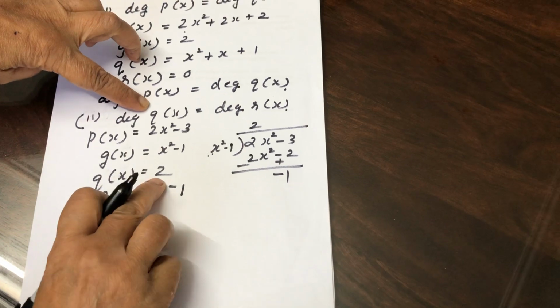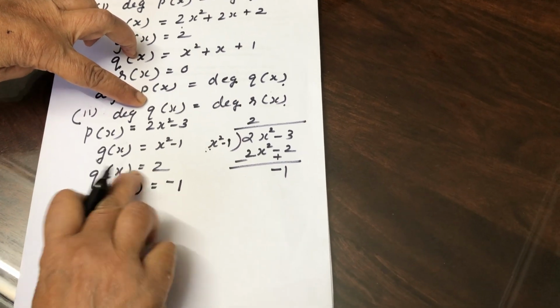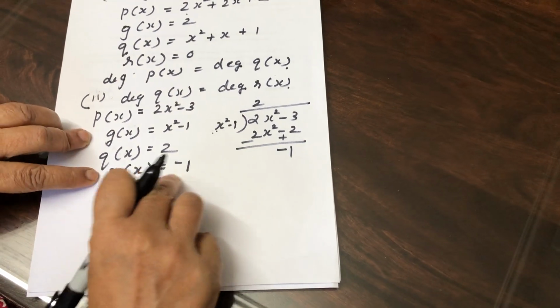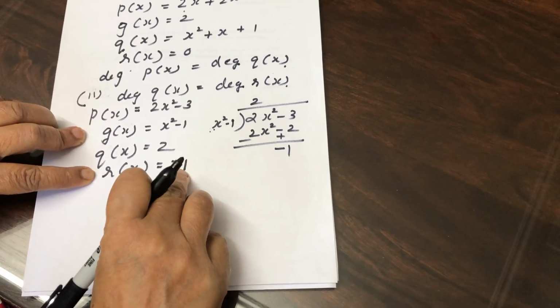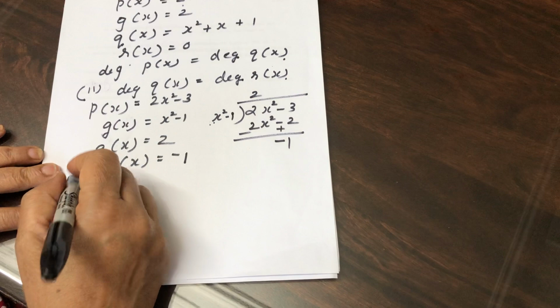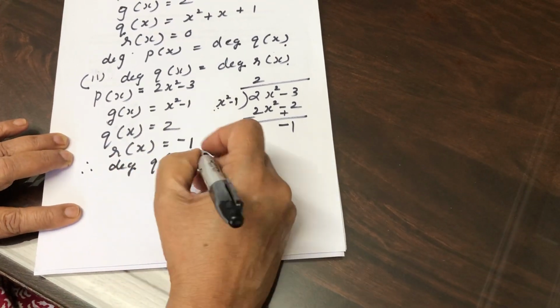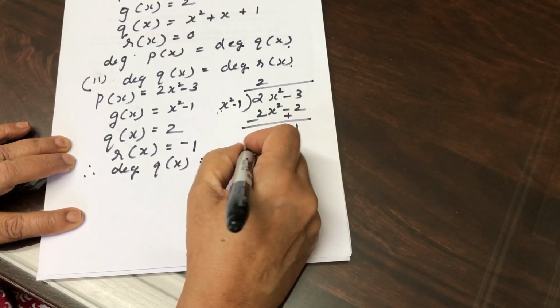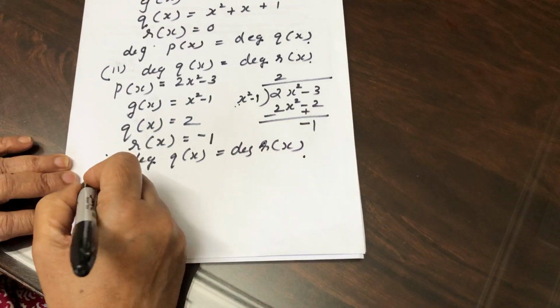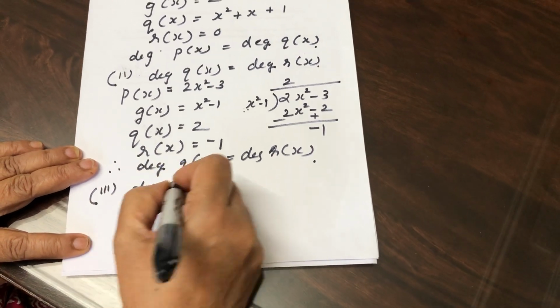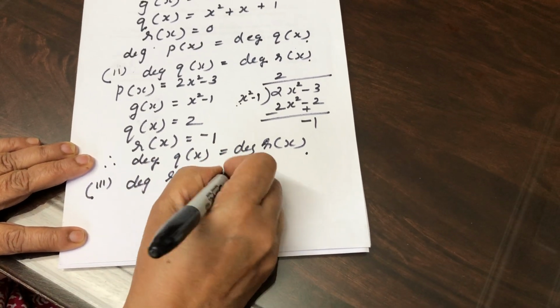What is the degree of q(x)? 2 is degree 0. What is the degree of remainder r(x)? Minus 1, that is also 0. Therefore, what is the condition here? Degree of q(x) is equal to degree of r(x). Now the third one, you have to write down degree of r(x) should be equal to 0.